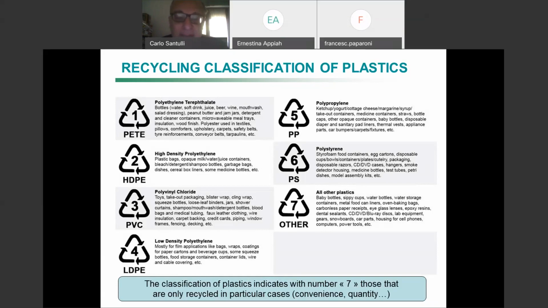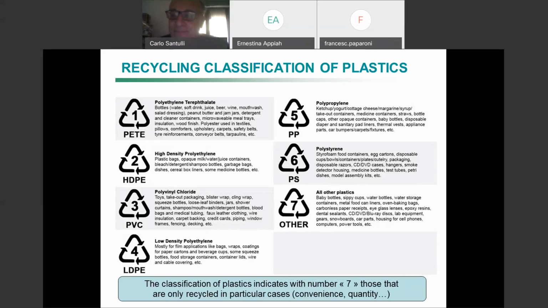So these numbers are put because some of these plastics are easier to recycle, others are less easy to recycle. We recycle very well number 1, which is the one used in bottles, polyethylene terephthalate. We recycle it quite well, although the reduction in quality is always there, you lose the transparency, first of all.